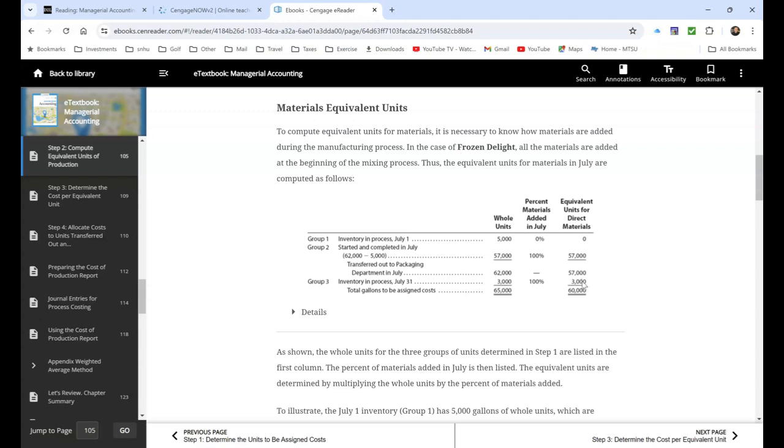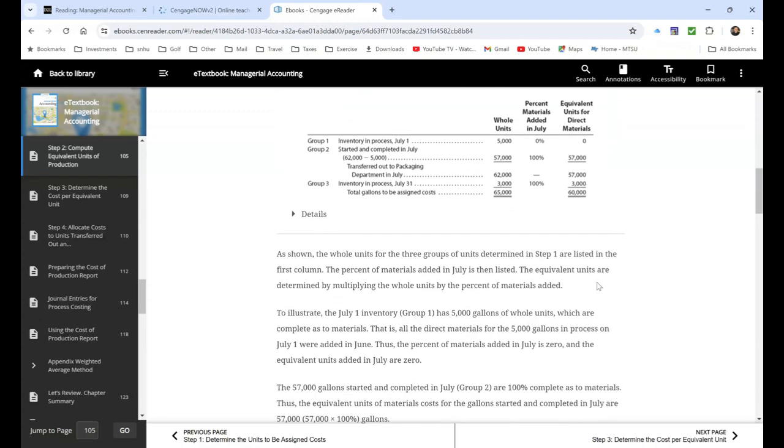So the equivalent units are 60,000. So out of the material that we added this month, we're going to add them to these 60,000 units. So whatever materials that we drew out of our raw materials and transferred to work in process, we're going to divide that number by 60,000 to assign that to these batches.